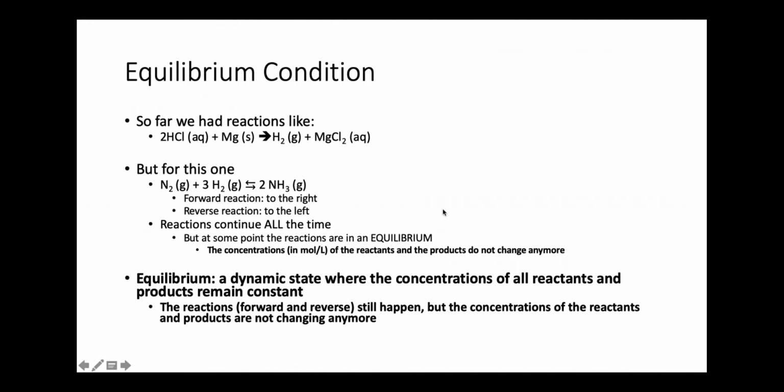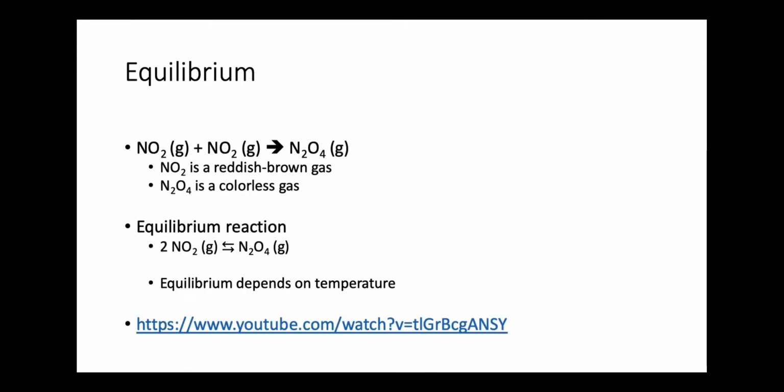So we still have a reaction, forward and reverse, but the concentrations are not changing anymore. And that's what we call an equilibrium. It's a dynamic state where the concentrations of all reactants and products remain constant.